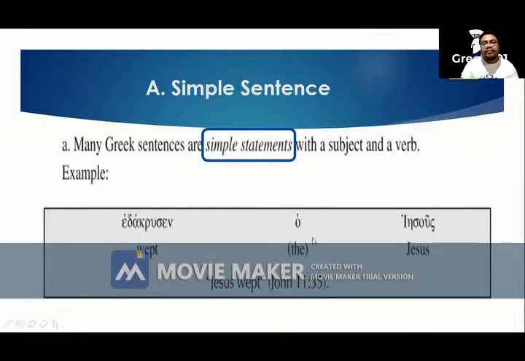And of course, we have the nominative article ho, the, and Iesous means Jesus. So when you transliterate it, or probably word by word, it could be wept the Jesus. But in Greek, the one with the definite article ho, in the case of the masculine, is the nominative, or rather, it is the subject.